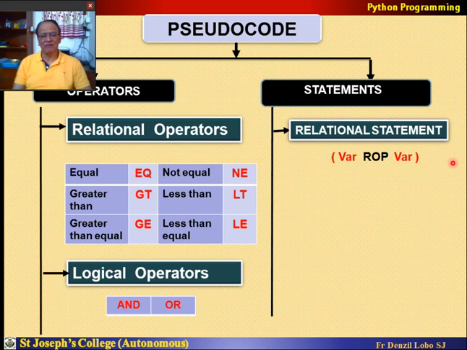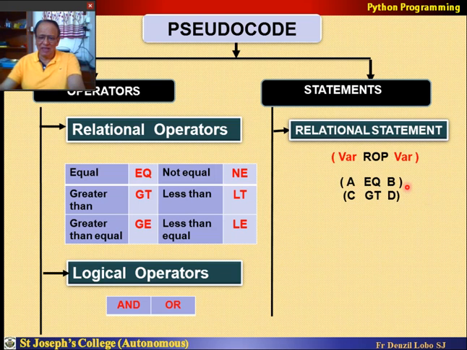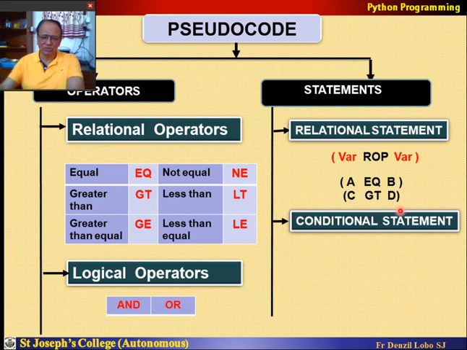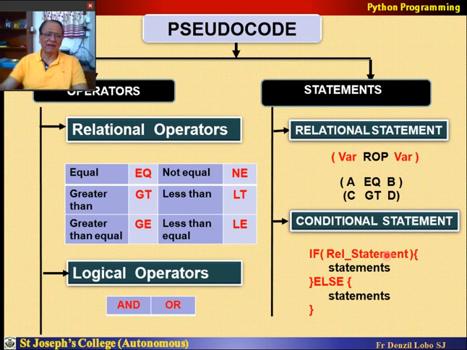We are familiar with the assignment statement. An assignment statement gave us the result of the formula on the right hand side. In the case of a relational statement, A equal to B or C greater than D, the answer is going to be only yes or no, true or false. We use this relational statement in a conditional statement.